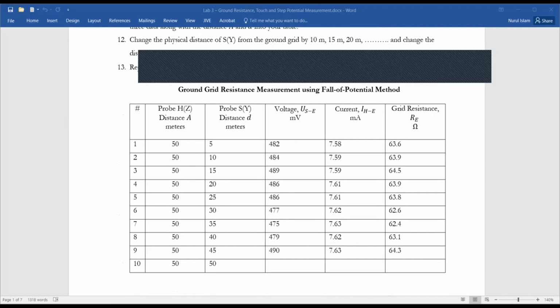The first distance is 5 meters, then 10, 15, 20, 25, 30, 35, 40, 45, and 50 meters. First of all, this A distance we are keeping constant.